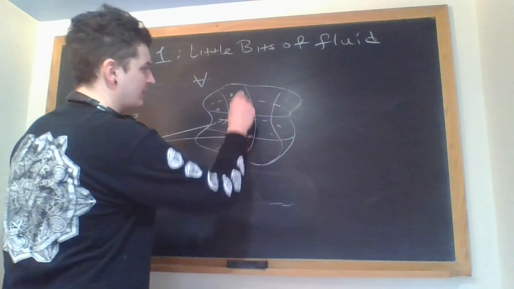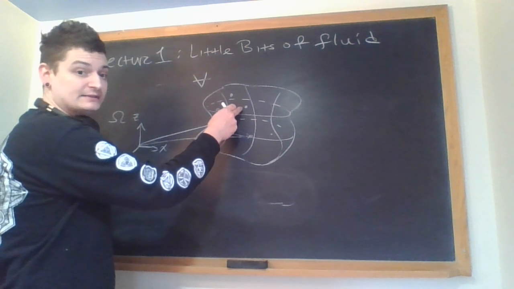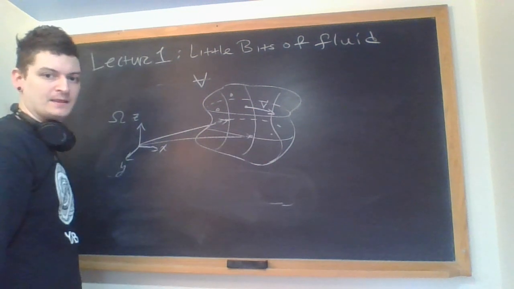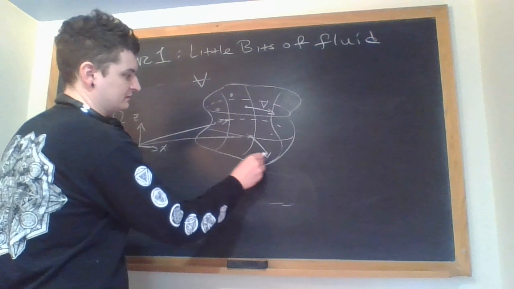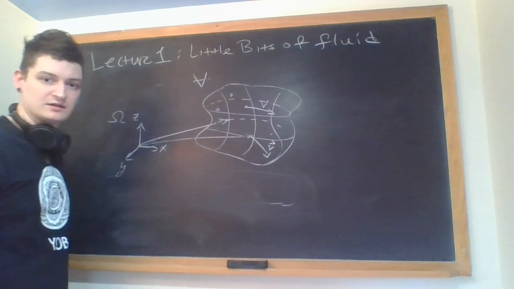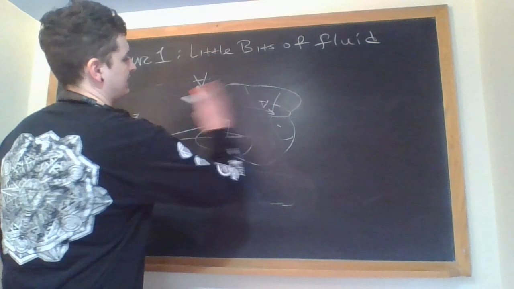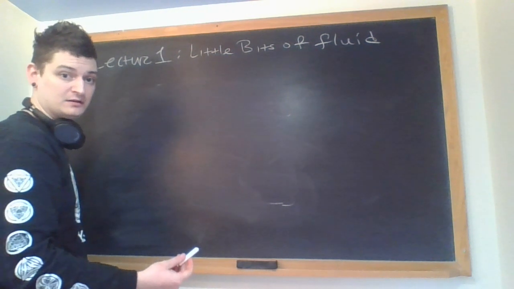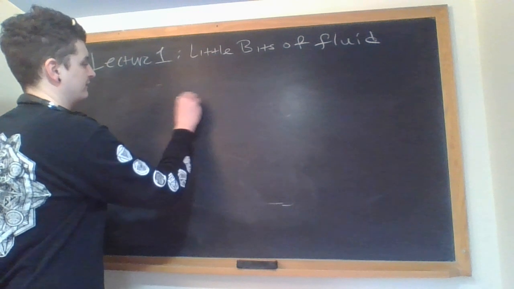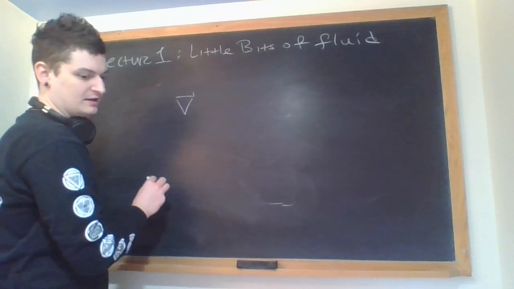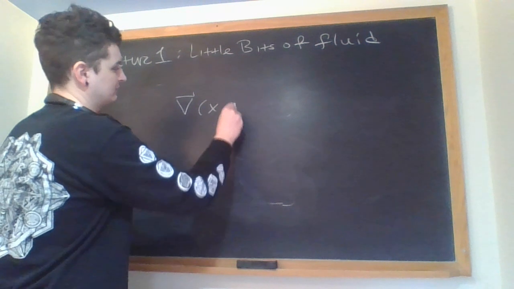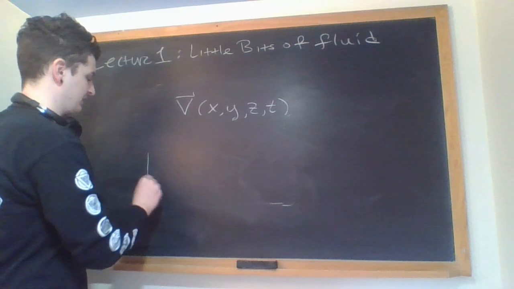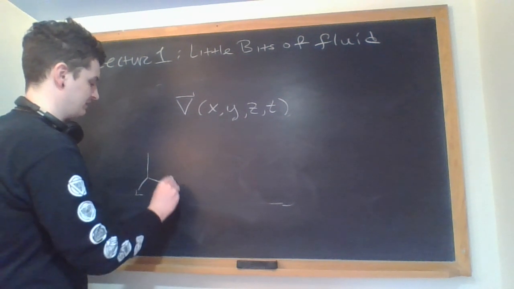So that means at every single little point in this space, I want to assign some vector. If you remember from Calc 4, that object is then a vector field. So we'll have V, some vector, and it changes with time too. This is already getting pretty complex, but you'll see where this is going.